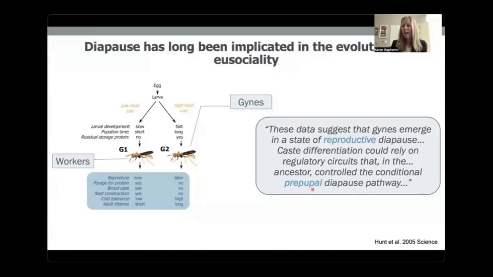So in other words, they're implying that the ancestral state was probably for something like on the figure I showed you on the last slide, where they're diapausing as pre-pupae. But somewhere along the axis of social evolution, there's been a shift to diapause in the adult stage.